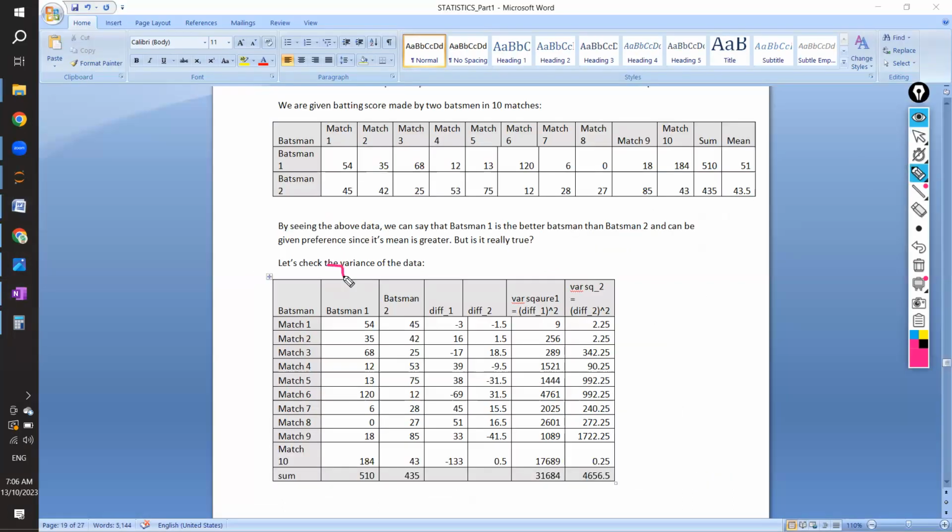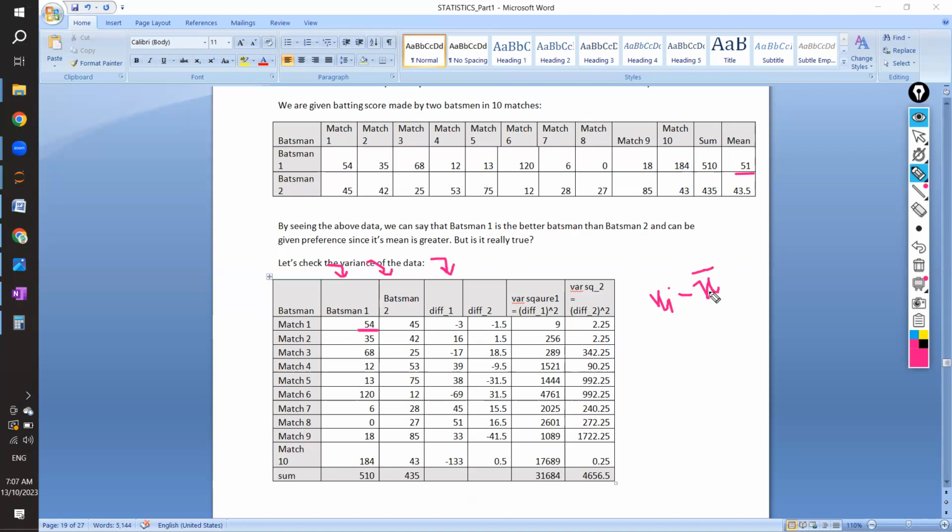So batsman 1 score, batsman 2 score, and the difference from its mean. Each and every value is getting subtracted from its mean: xi minus x bar. What is x bar for batsman 1? 51.